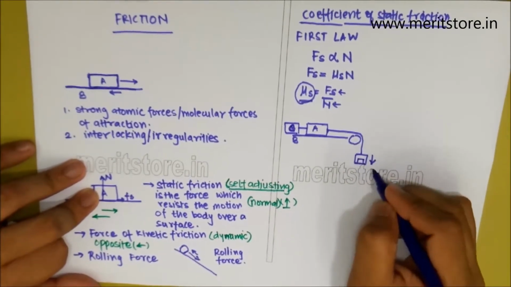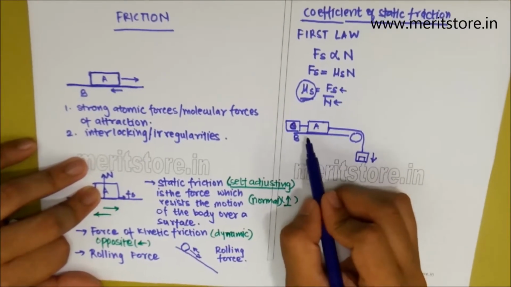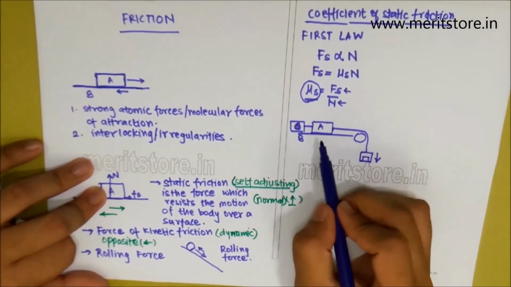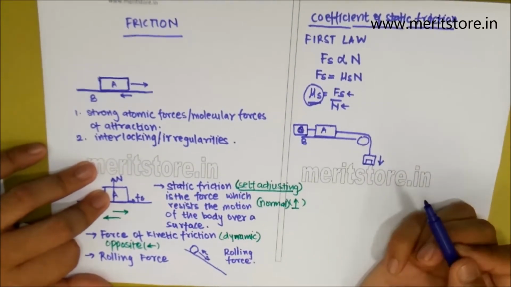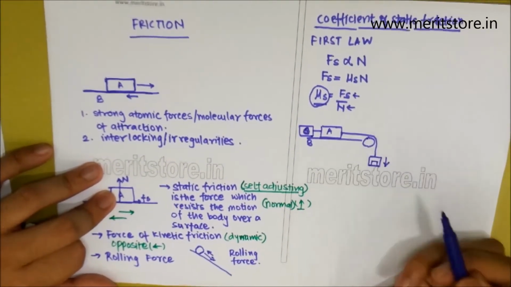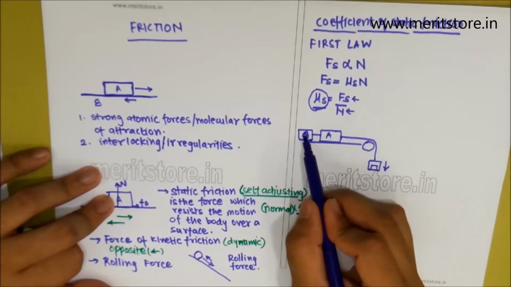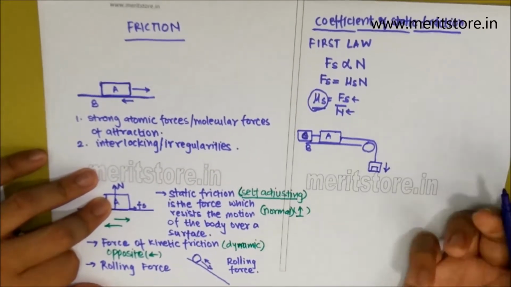As I increase the weights, body A and body C will experience a limiting force of static friction. And as this limiting force of static friction is overcome, these two bodies will tend to move.